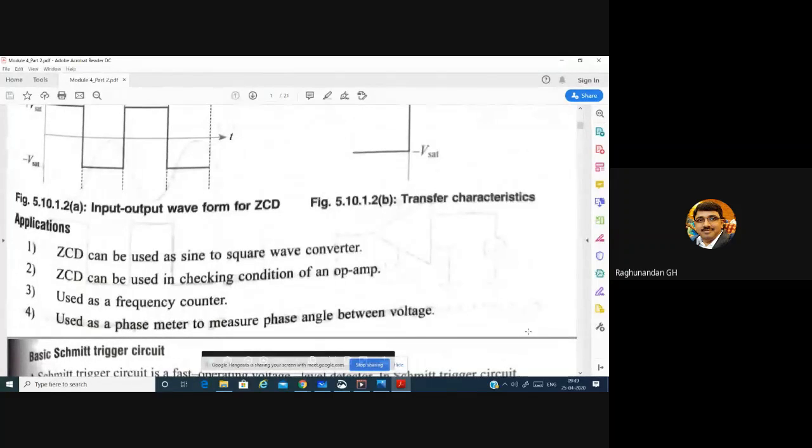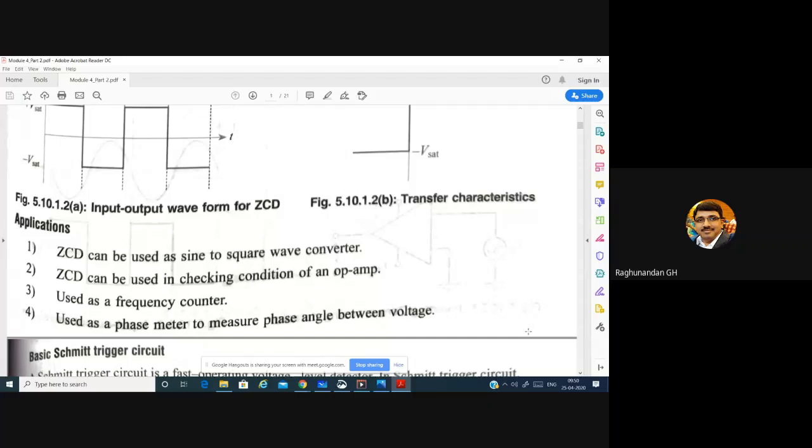Now let us look into the applications where we can use it. ZCD can be used as a sine to square wave converter. Here we can easily convert a sine wave to a square wave. Next, ZCD can be used in checking the condition of an op amp, whether the op amp is working properly or not.